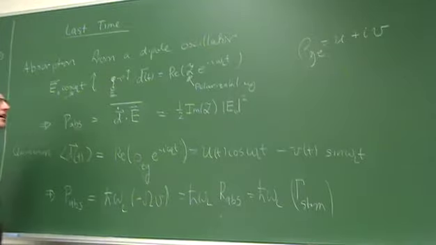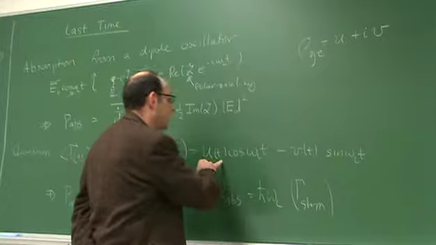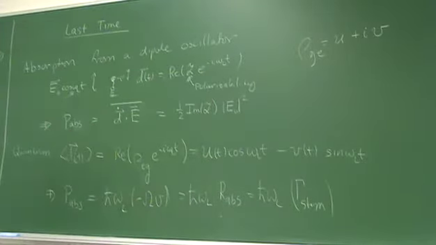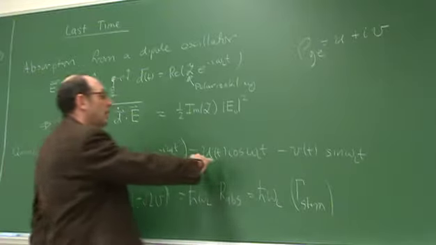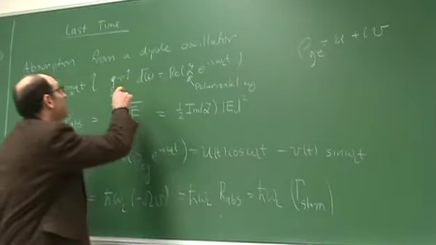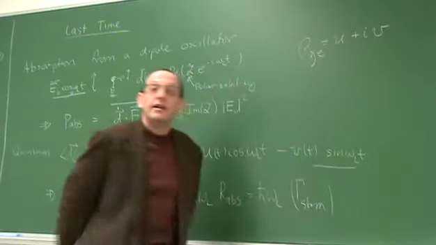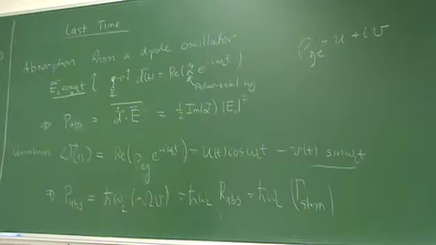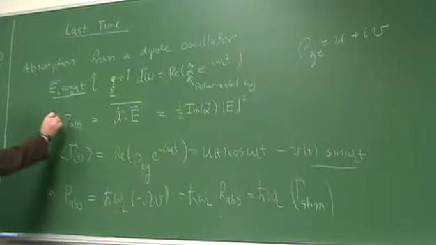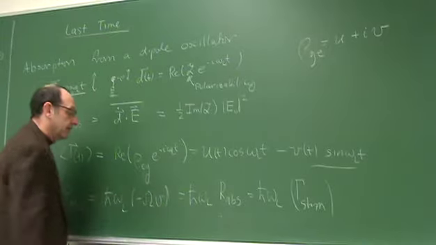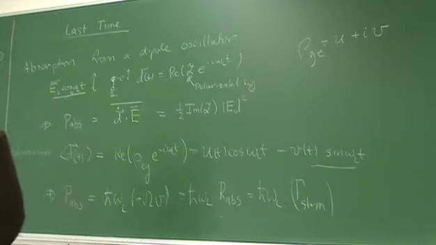And those U and V terms are related to the real and imaginary parts of the polarizability, because the real part of the polarizability tells me how much of the oscillation is in phase with the drive, and the imaginary part tells me how much is in quadrature. And so the absorbed power, according to this formula then, is related to, actually in this notation, the negative of the V component.